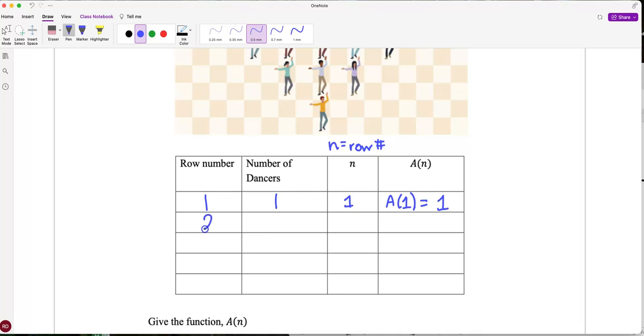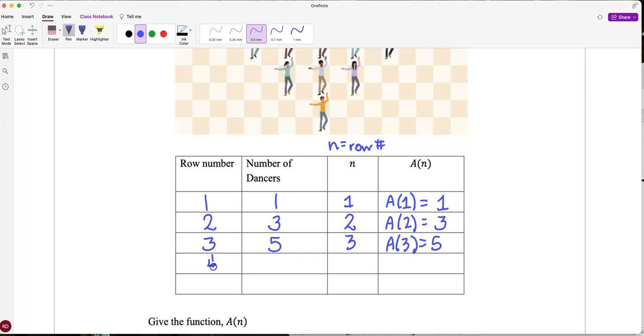In row number 2, I see 3 dancers. So this is n equal to 2. So a of 2, how many dancers are in row 2? That is 3. If you go to row 3, there are 1, 2, 3, 4, 5 dancers. So a of 3 is 5.